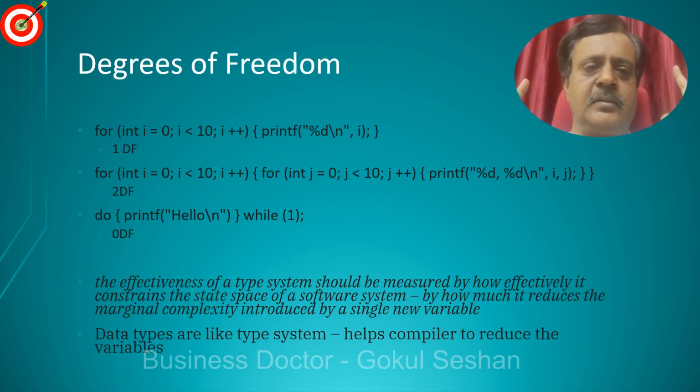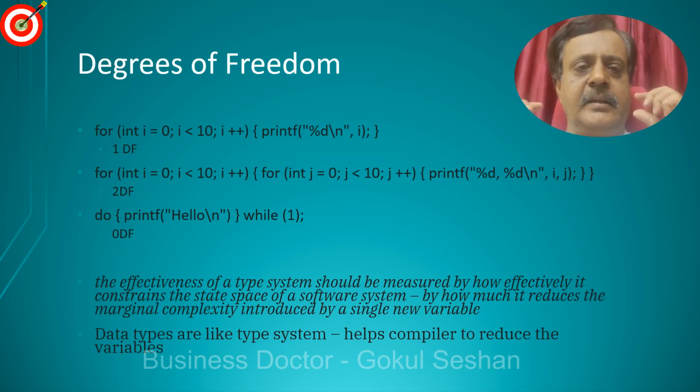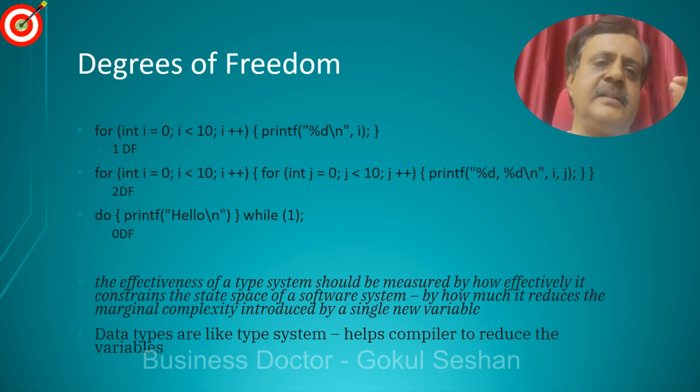So just to recap, what did we discuss? First, permutation and combination. The second, of course, mathematical induction, and third is degrees of freedom. And just to set the context, all these things are related to data.